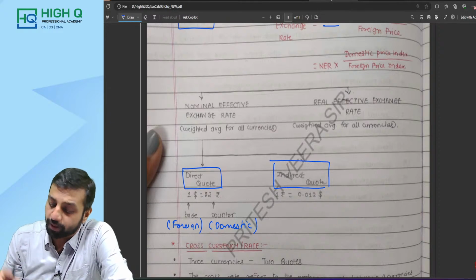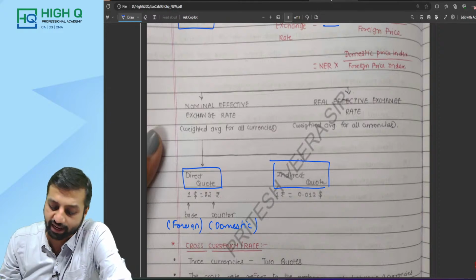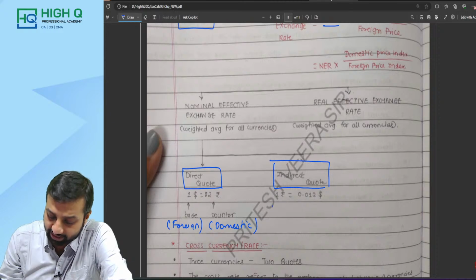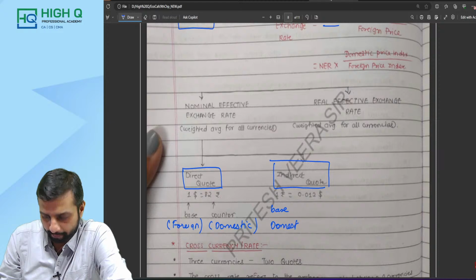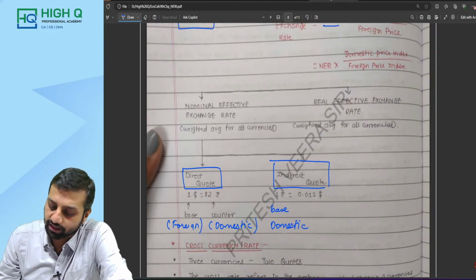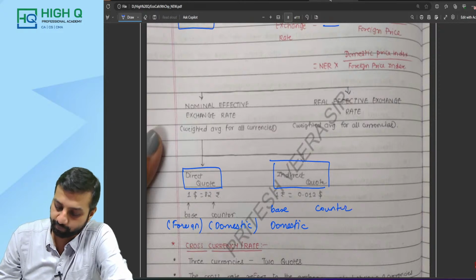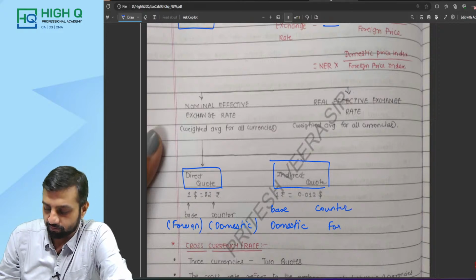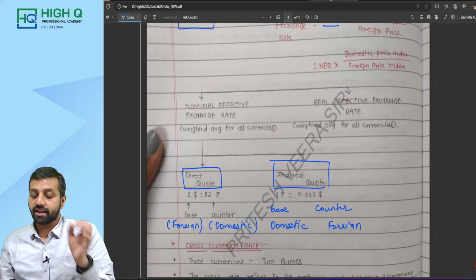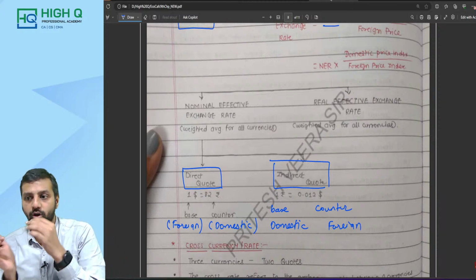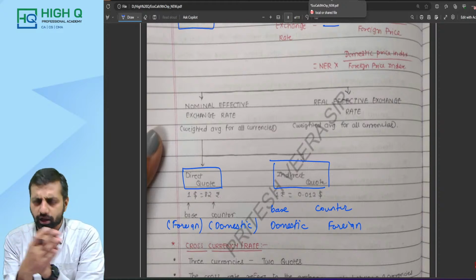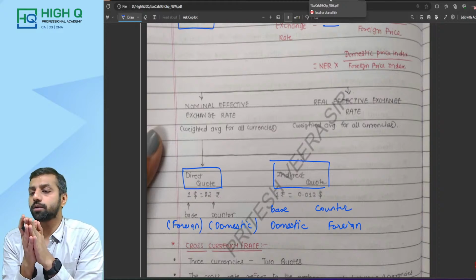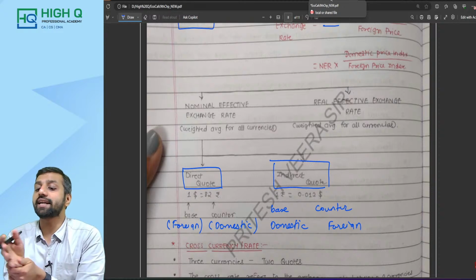And if we do rupees to dollar, then it is an indirect quote because base currency is the domestic currency and foreign currency is the counter currency. So dollar equal to rupees is a direct quote. Rupee equal to dollar is an indirect quote.